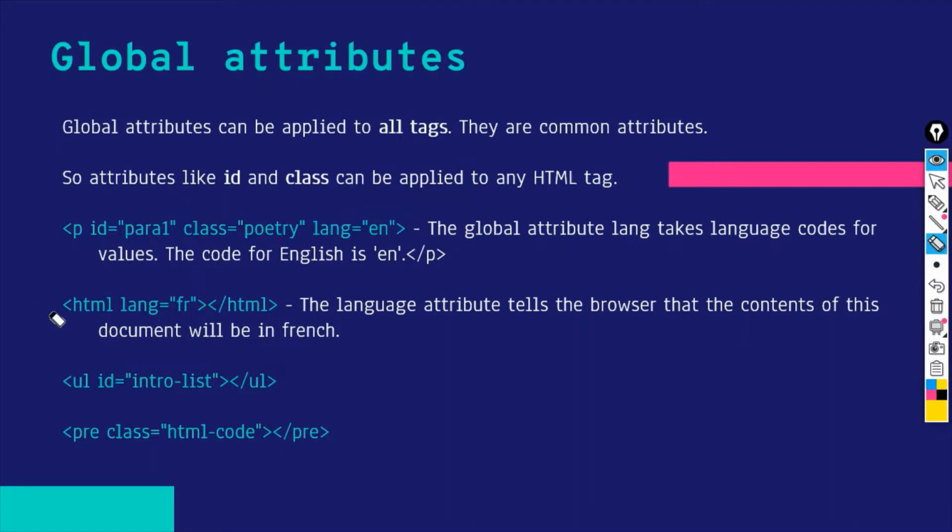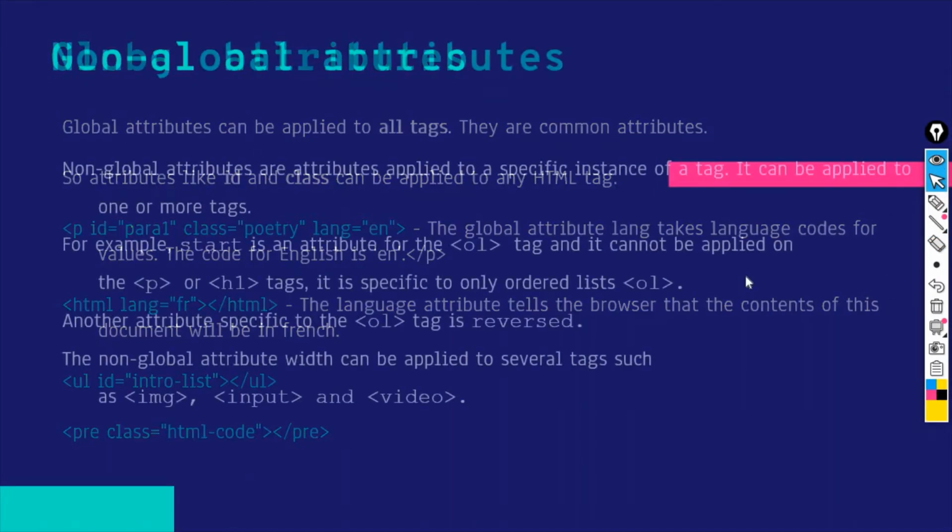So if you declare a global attribute, if you declare a language to English, then that will be applied all throughout your HTML document.